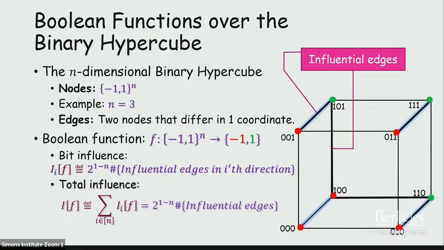We can look at all the edges in direction i and see how many edges are influential. This many edges, up to some normalization, is exactly the influence of the variable i. And the total influence is defined to be the summation of all of them, which is exactly the number of influential edges in the entire cube, up to the same normalization. So these notions are important to know.